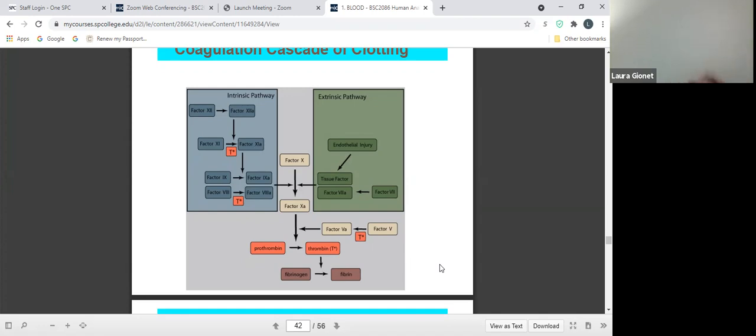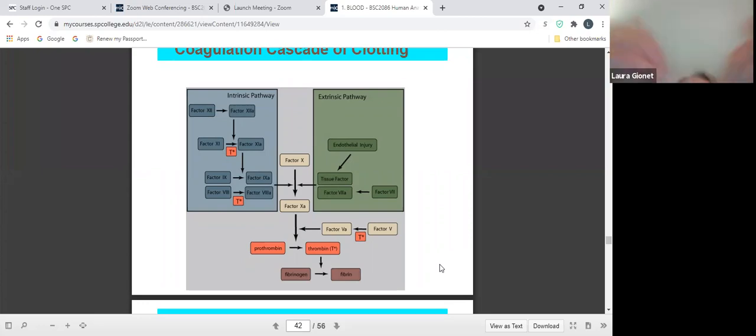The intrinsic pathway is often stimulated by the blood passing across the surface of something that seems to be unusual or foreign. Risks of that are, let's say, when you have fat deposits in some of your blood vessels, or if you had a valve replacement in the heart. Whenever you have something foreign in the body or something that creates more turbulence, then you can stimulate the intrinsic pathway to form these clots.